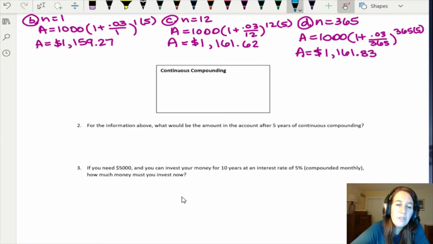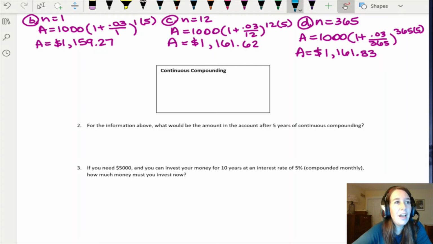So, to continue talking about our financial models, I think you noticed in the last example, the difference between compounding 12 times per year and compounding 365 times per year was only 21 cents, right?